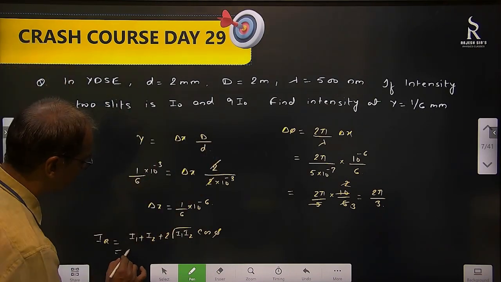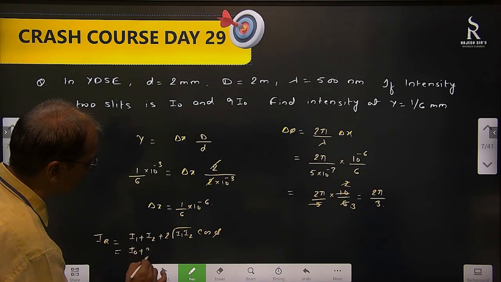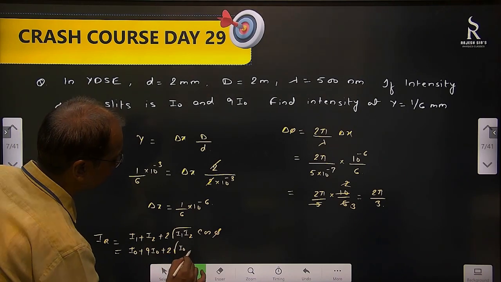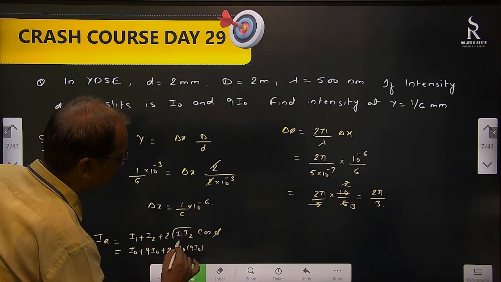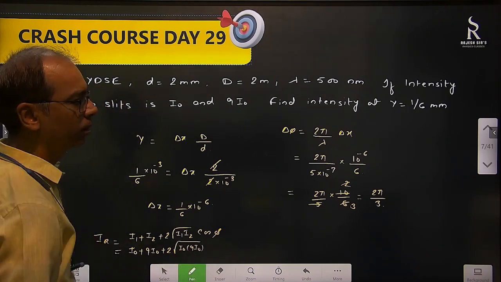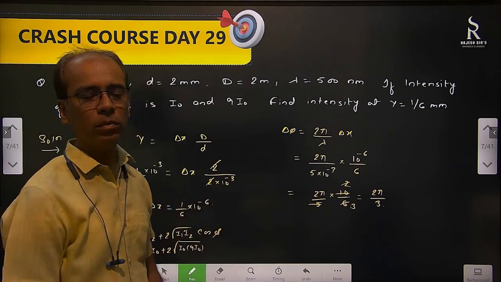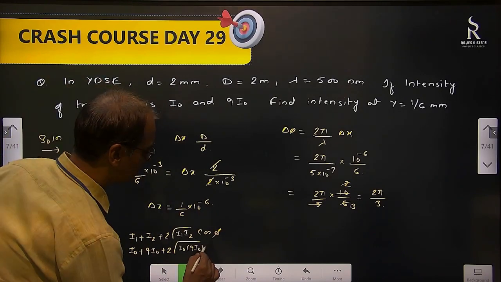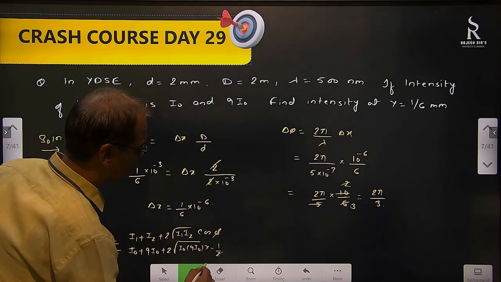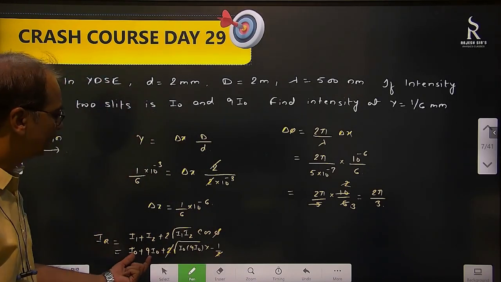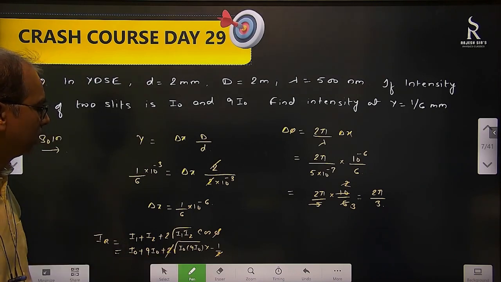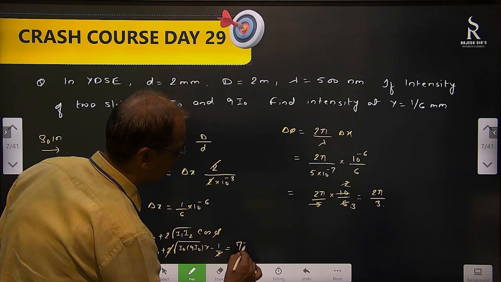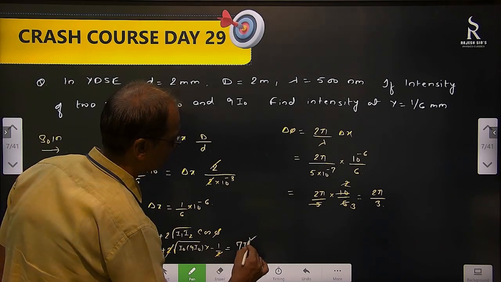So I0 + 9 I0 + 2√(I0 × 9 I0) cos(2π/3). Cos 2π/3 means what? 120 degrees. Cos 120 degrees is minus 1/2. This gets cancelled, so this is 10 I0 and this is minus 3 I0. 10 I0 minus 3 I0 means 7 I0 will be our answer.